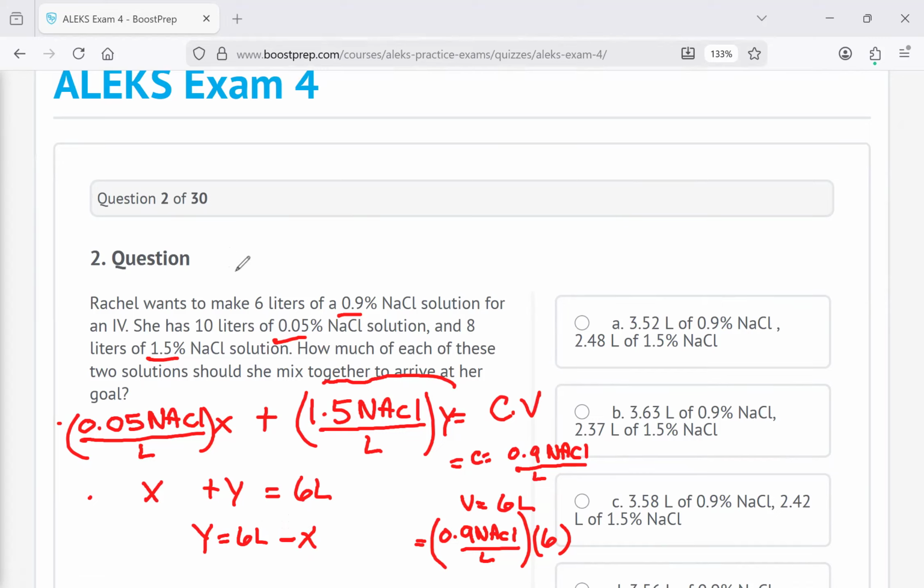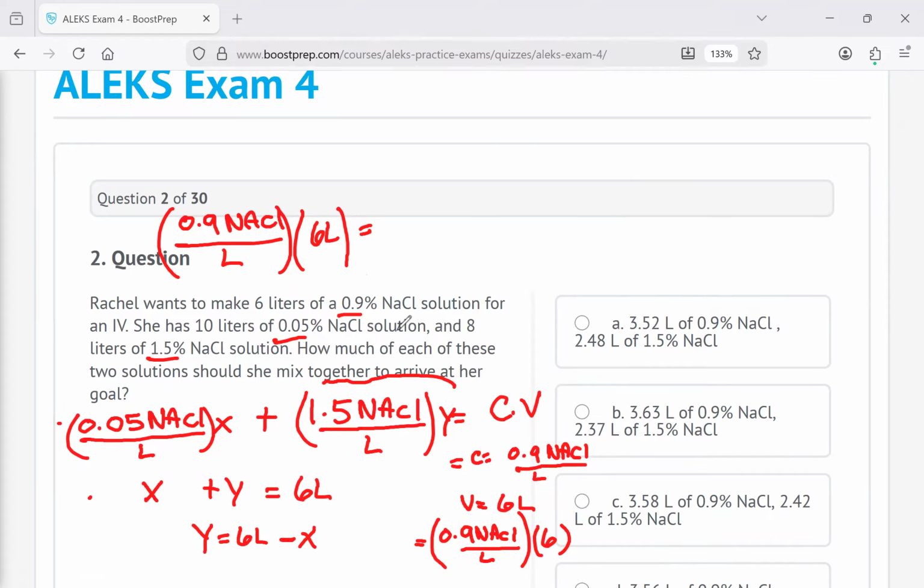So now you're going to get, starting on the left, 0.9 NaCl over liters divided by 6 liters equals... So yeah, if I multiply this y by 9, so this part right here, 1.5 times the 6L minus 6, right?